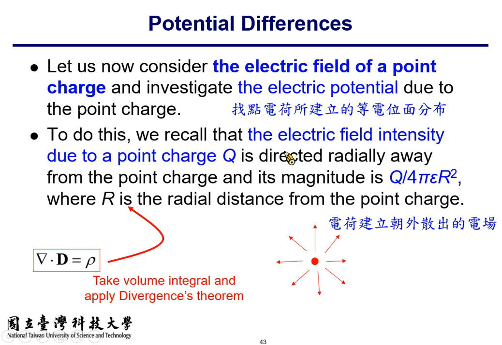So let's review some fundamental problems. In chapter 1, we used Coulomb's law. We found the electrical field intensity due to a point charge according to Coulomb's law, which is an observation made with experiments.